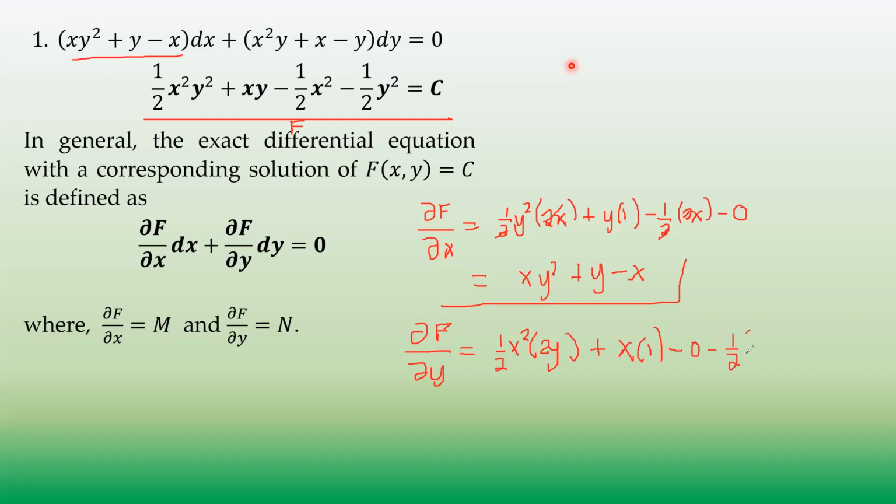Ang derivative ng y squared ay 2y. Simplifying, cancel itong 2. Ito rin. Then we will have x squared times y plus x minus y. So, x squared y plus x minus y equal kay partial derivative of f with respect to y.